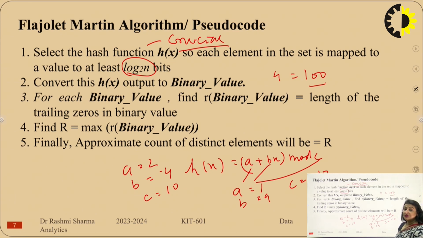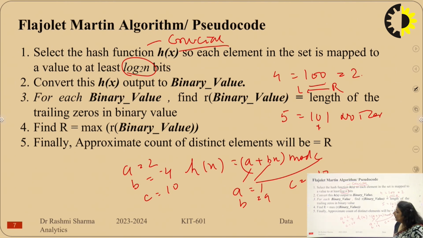These trailing zeros start from your right and move towards your left. The first one which you get, that would be the number of trailing zeros. In this, the number of trailing zeros is 2. But if I get a value of 5, which is 101, there are no trailing zeros, because I don't have any zero at the end. I count the number of zeros when we start from right to left.